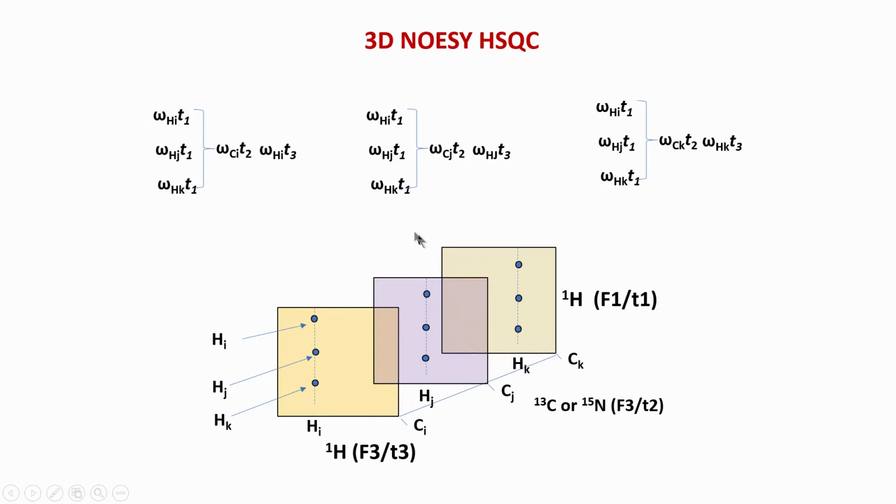Then you have carbon along T2, that is this horizontal going into the plane of the board, and T3 is the proton. So that means for every given carbon proton pair you will see a set of correlations along the F1 or T1 axis.